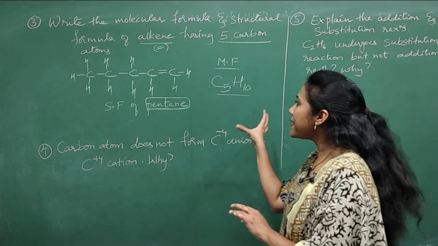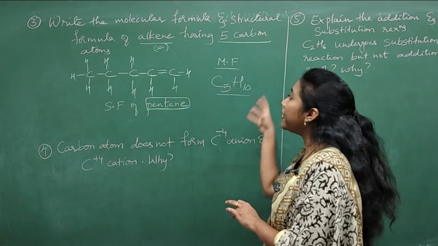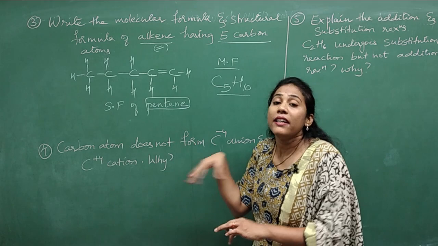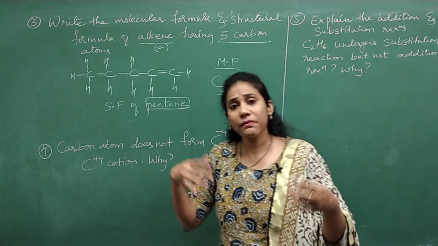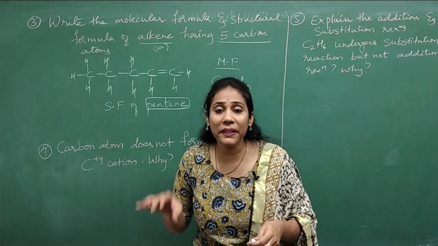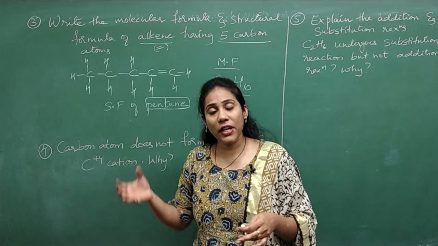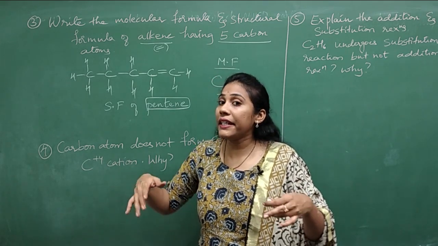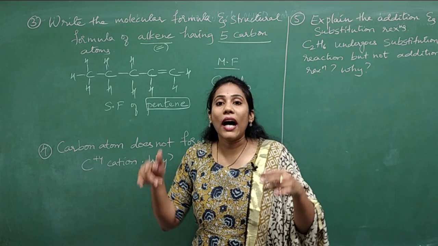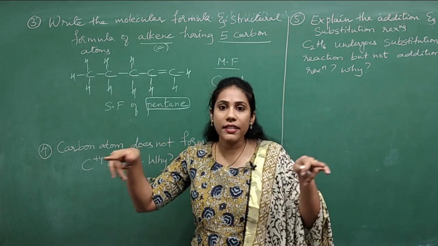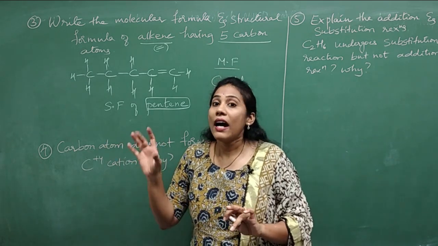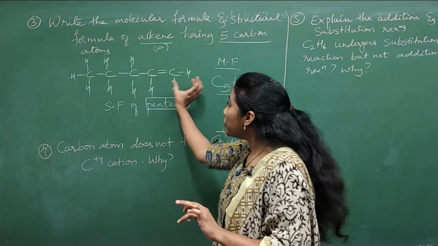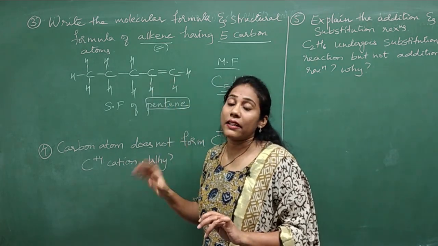Here I selected a 5 carbon containing alkene. They may ask you the structure of a 3 carbon containing alkyne or a 6 carbon containing alkane, right? Alkane is what? All single bonds between carbon atoms. Alkene, if they ask, put 1 double bond at the last carbon.